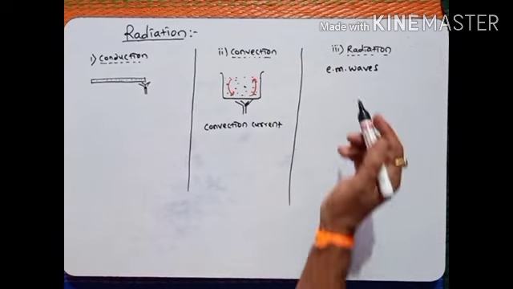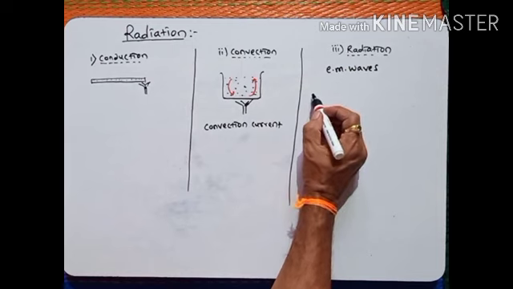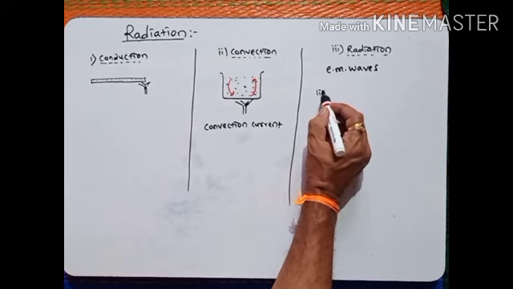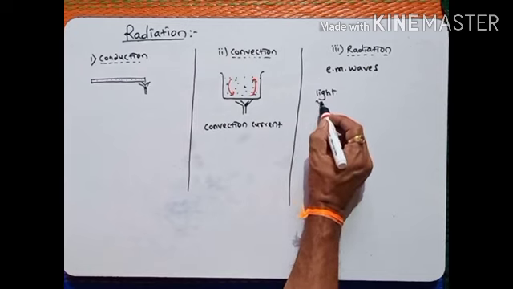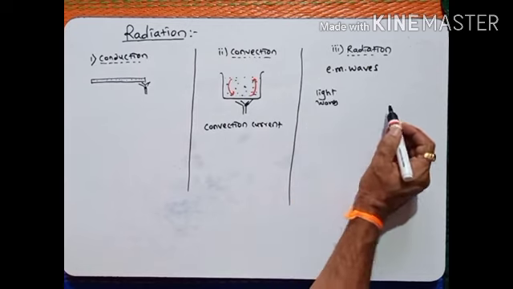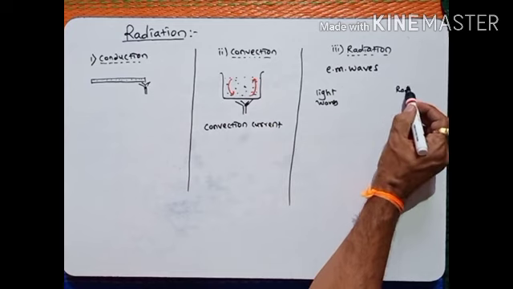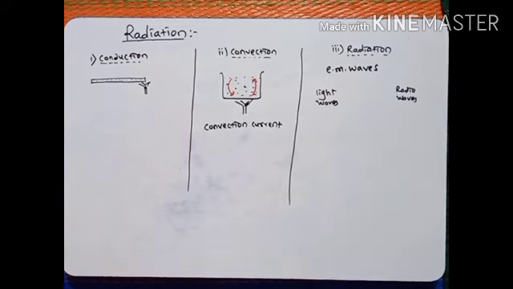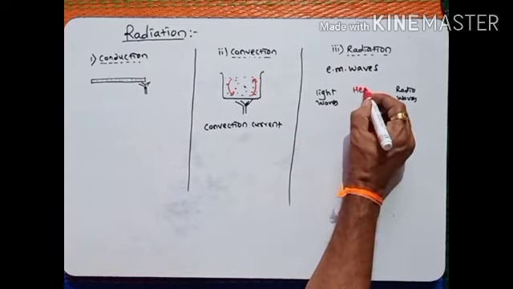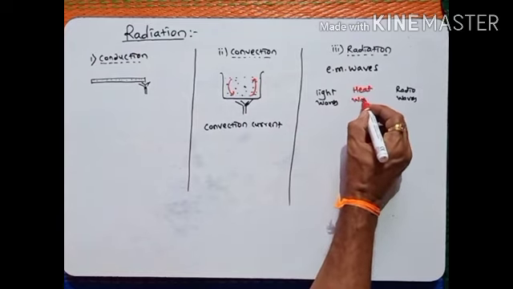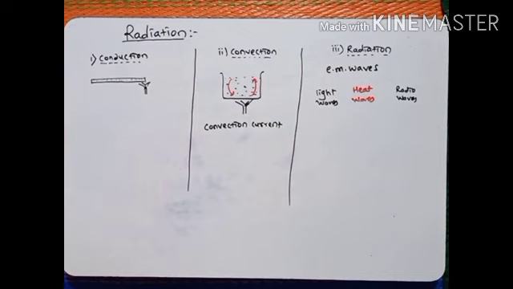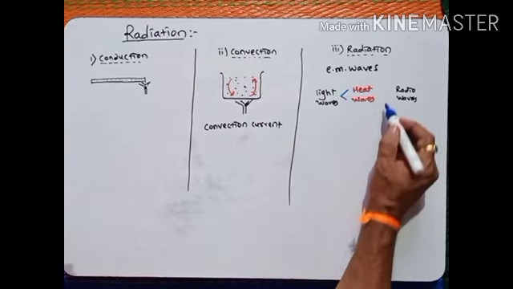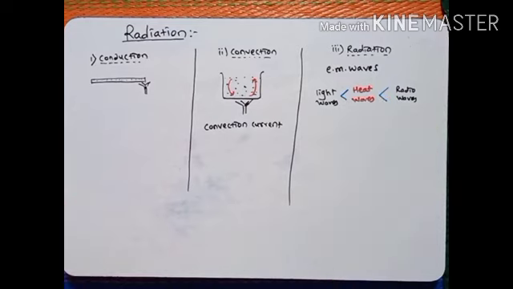Now, heat waves have wavelength higher than light waves and smaller than radio waves. Suppose this is the heat wave; it has wavelength higher than light waves and smaller than radio waves.